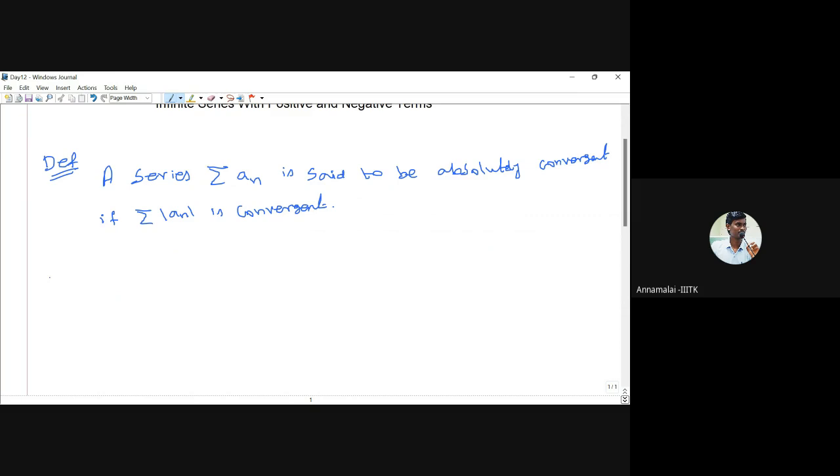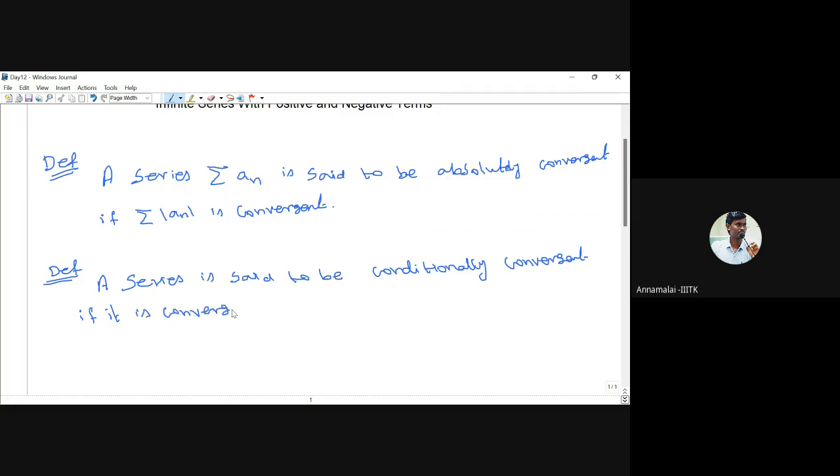That is, a series is said to be conditionally convergent if it is convergent but not absolutely convergent. We will discuss some examples.